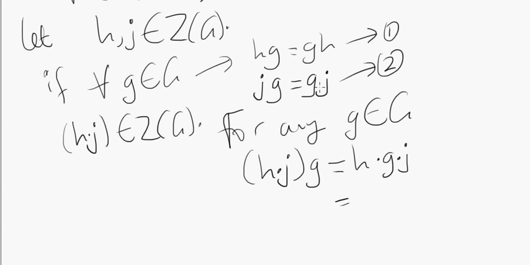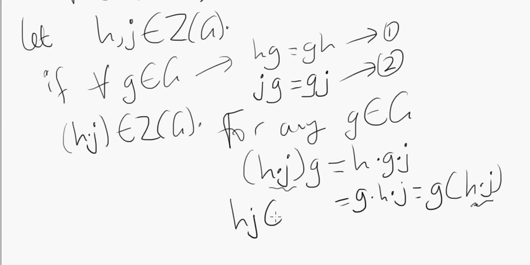Property 1 says h and g commute. So this is the same as g times hj. So that's saying that any element of G commutes with hj. That's actually accurate, so don't confuse the g's and the j's. I'm getting confused myself. Well, if this is true, then that must mean that hj is actually an element of Z of G.